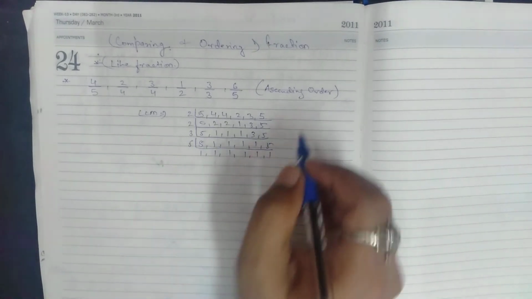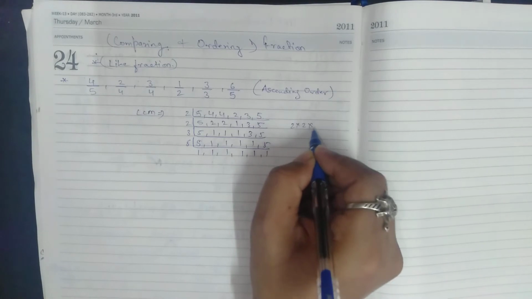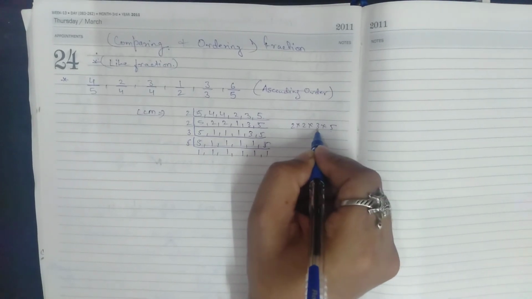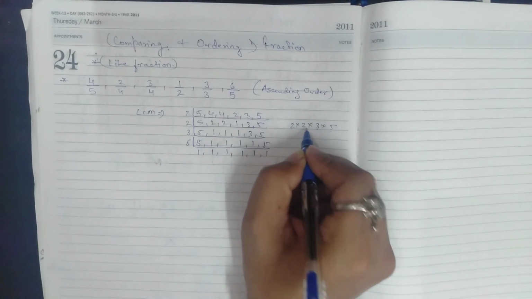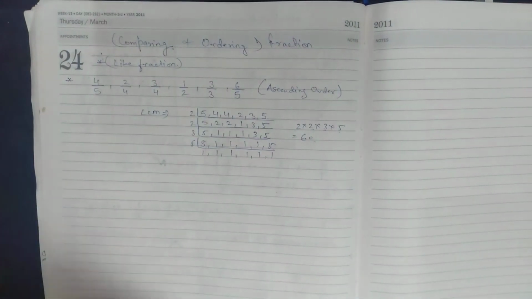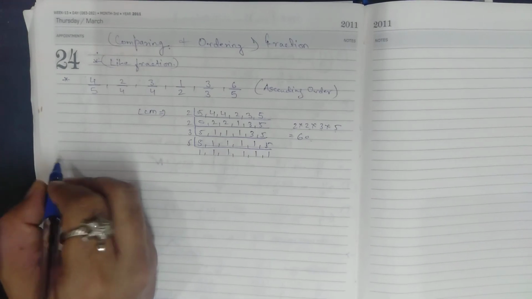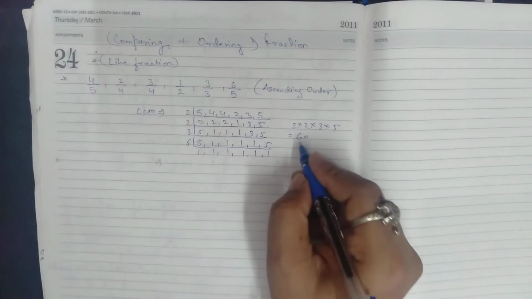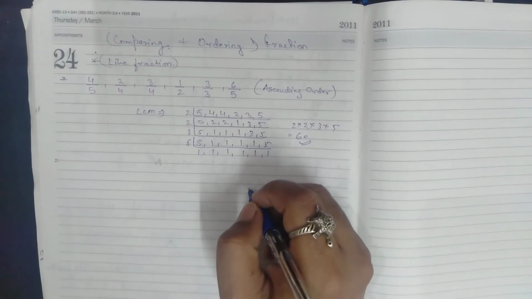Clear? So LCM is 2 into 2 into 3 into 5. 5 3s are 15, 15 2s are 30, 30 2s are 60. This is the LCM. Now we have to make all the denominators equal to our LCM. How?